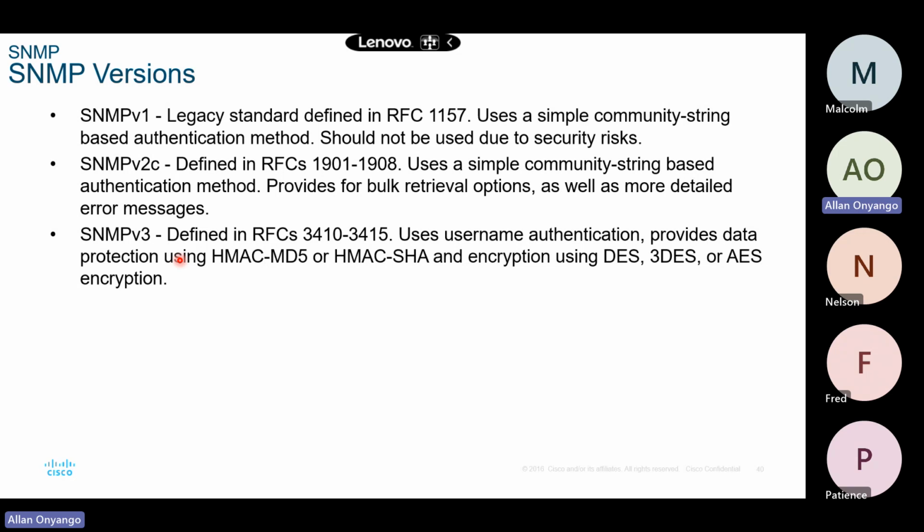But for encryption, it uses DES, the Data Encryption Standard, Triple DES, or even AES, the Advanced Encryption Standard. So version 3 has very strong hashing for integrity and encryption for confidentiality. And that is what makes SNMP version 3 more preferred over all the other versions.